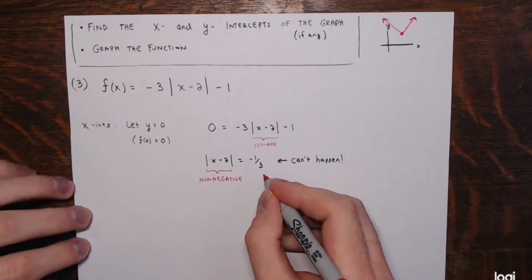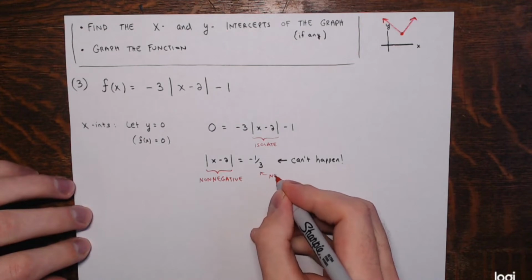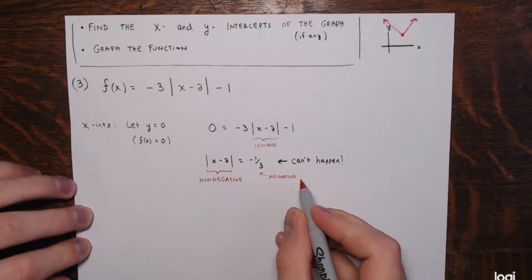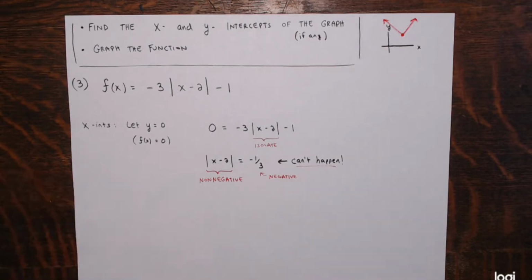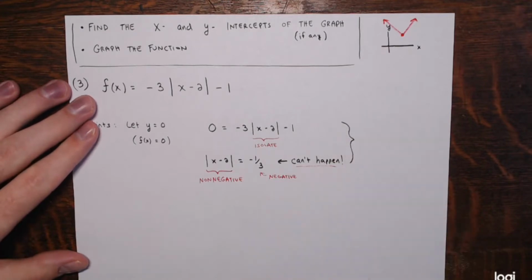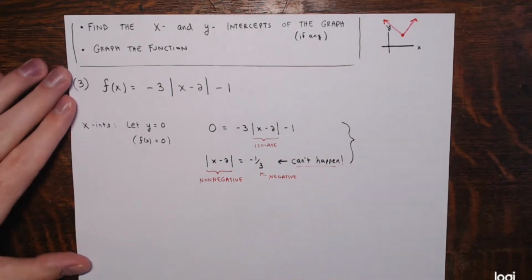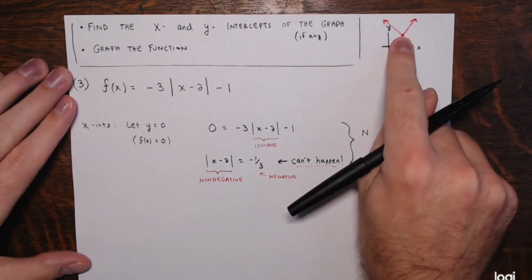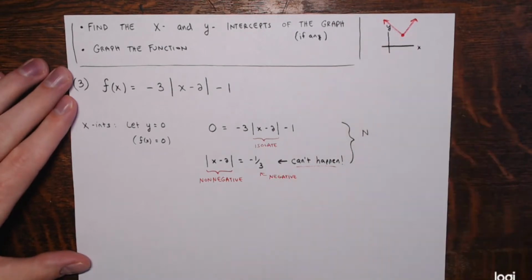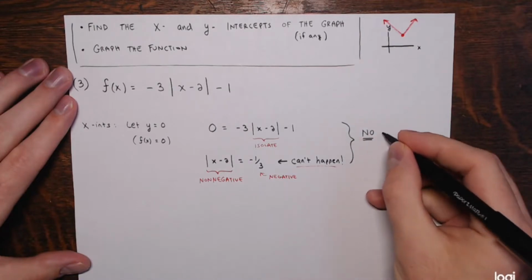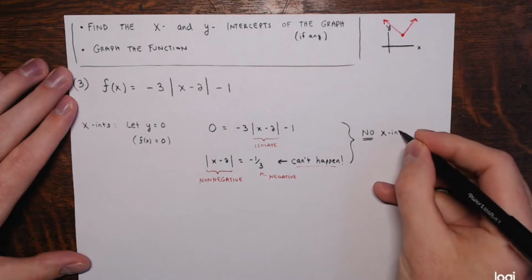This is a problem. A non-negative number can't be equal to a negative number. This can't happen. And if the equation you're trying to solve has no solutions, that just means the graph has no x-intercepts. So it'll be like one of these, where the graph is not crossing the x-axis at all. So this graph is going to have no x-intercepts.